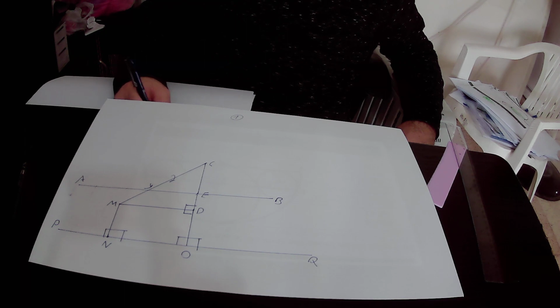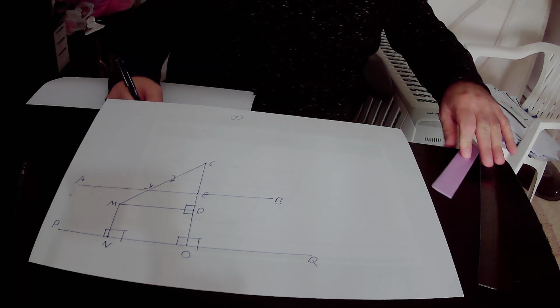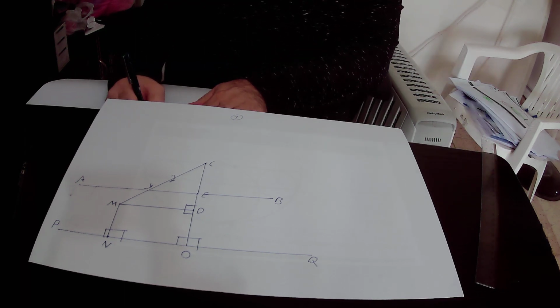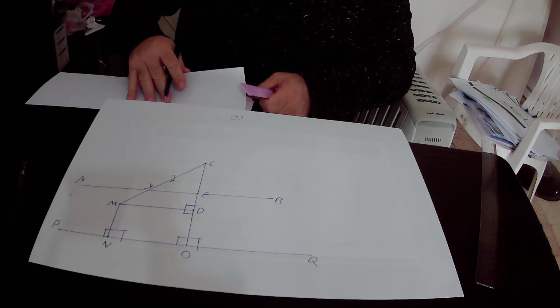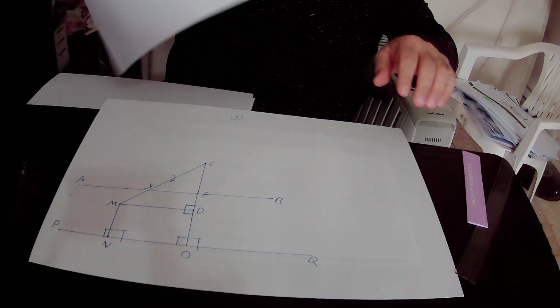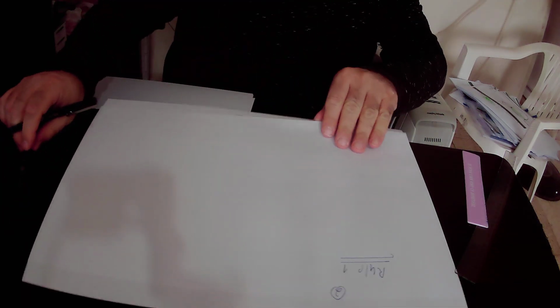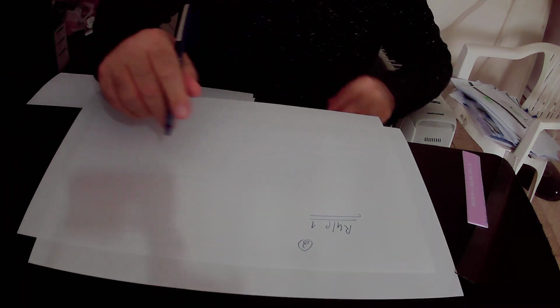Rule number one states that corresponding angles between parallel lines are equal to each other.